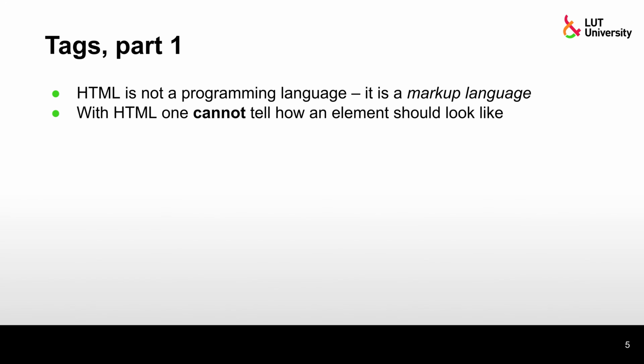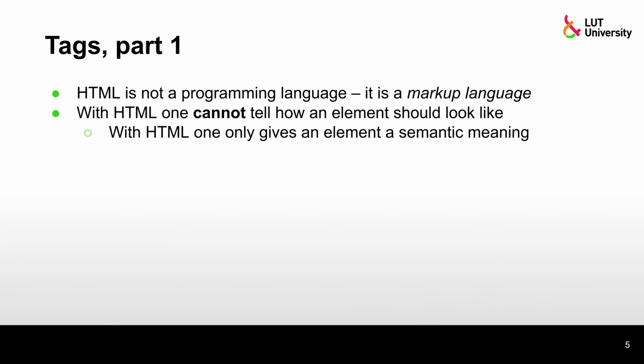And with HTML, one cannot tell how an element should look. We cannot use HTML to say that this button is green, or this button should be very big, or this image is in the upper right corner. This is not what we do with HTML. This is what we do with CSS and JavaScript, but HTML only gives an element a semantic meaning.